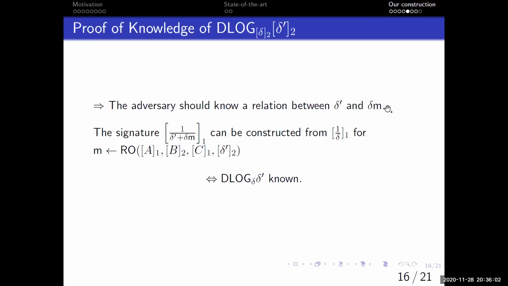So equivalently, we can say that this is the proof of knowledge of the discrete logarithm of delta prime with respect to delta. This is the first construction where this M is output by a random oracle.